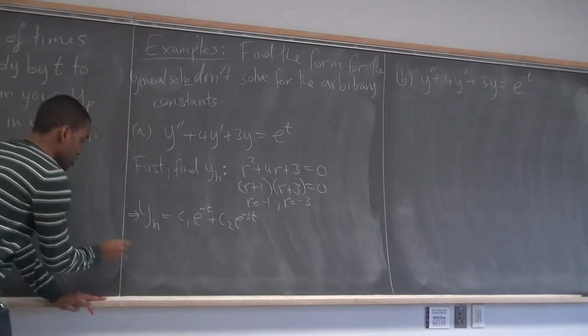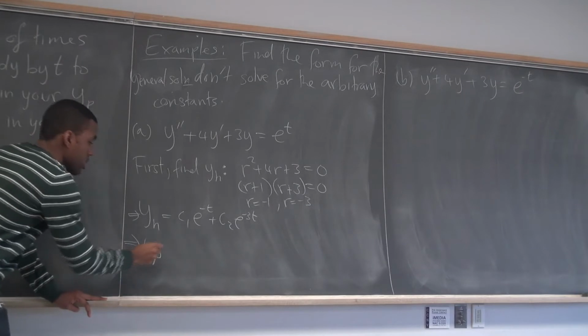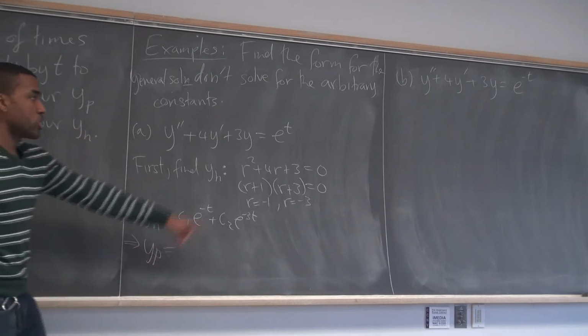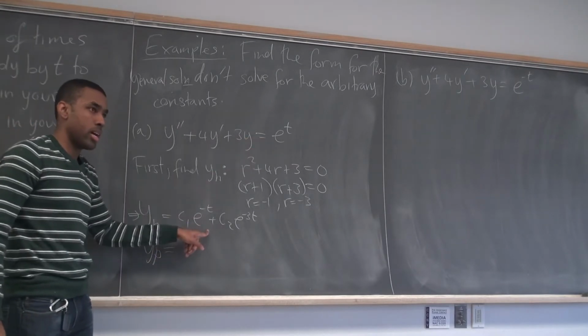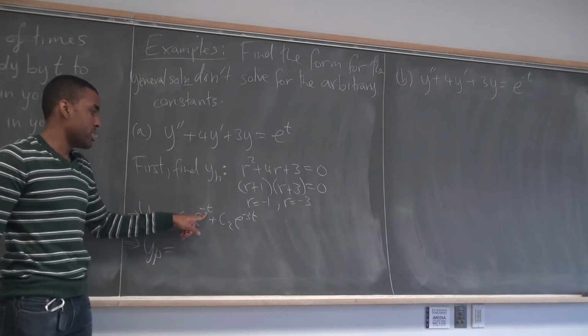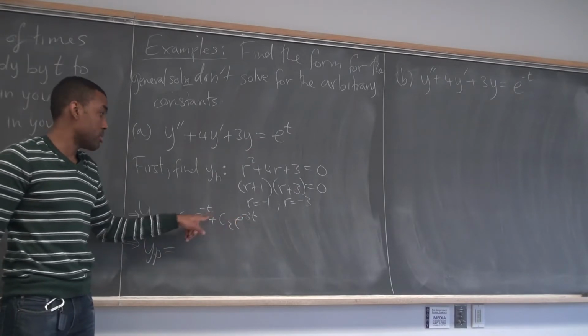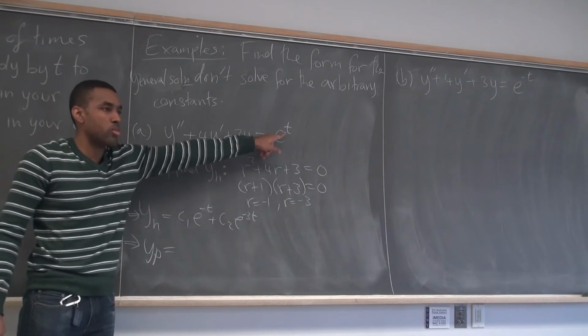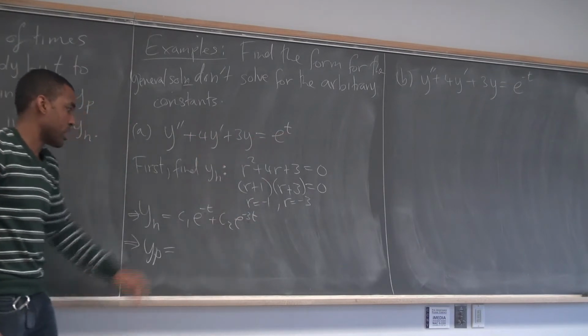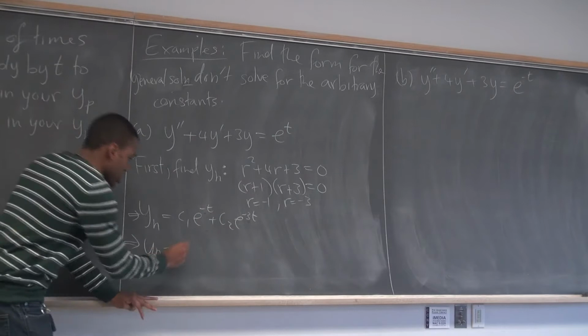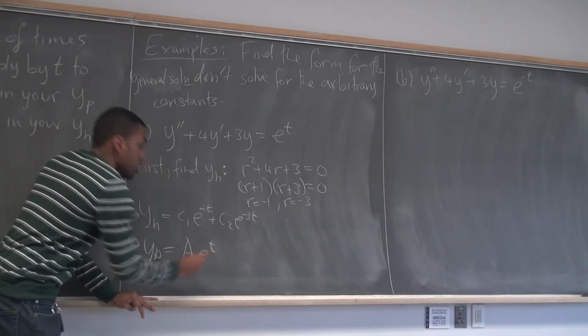Right? This means my yp, what do I want to do? I want the yp to look like this, but not like that. This is e to the minus t, e to the minus 3t. That's e to the positive 1t. It doesn't look the same, so I can pretty much ignore this and just choose a e to the t.